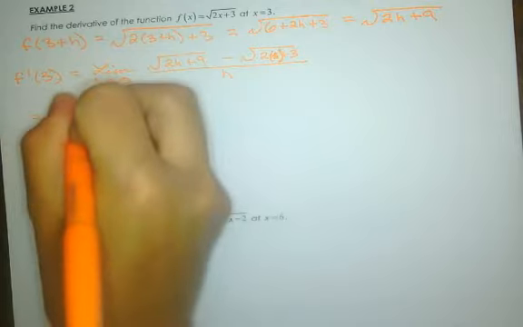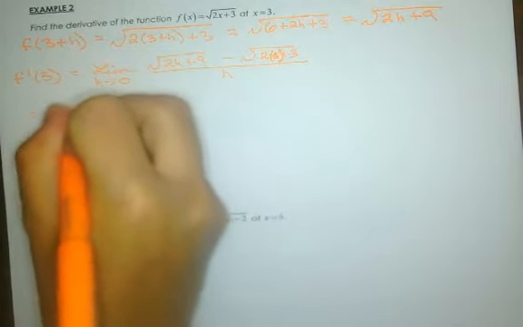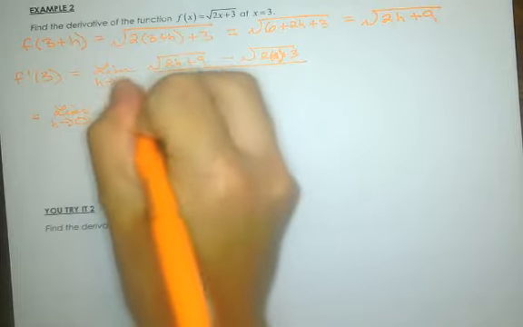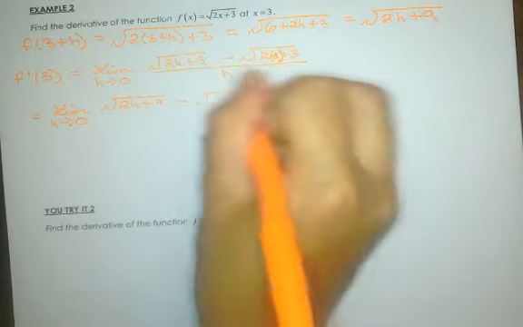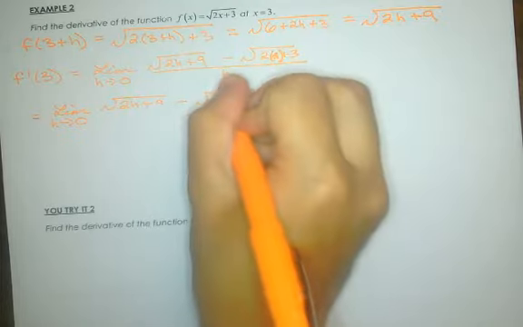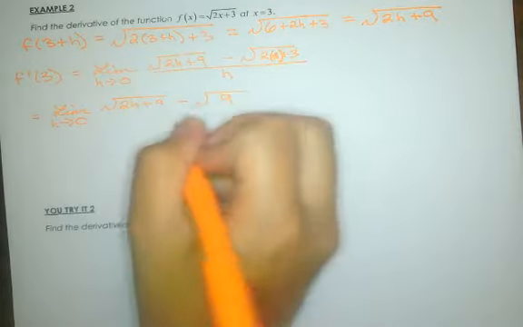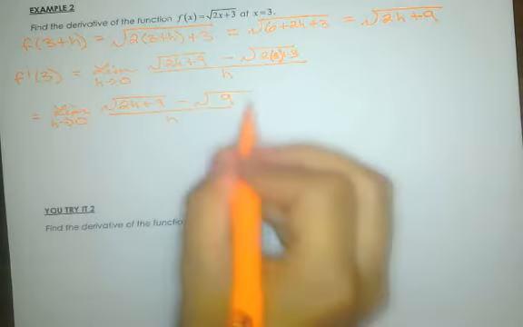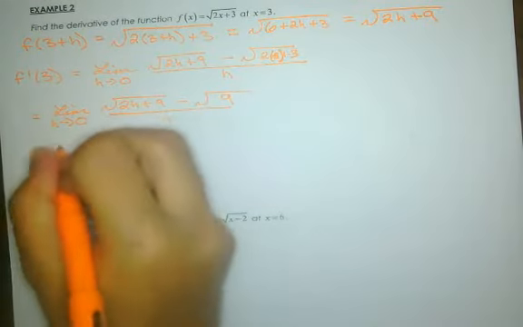So that's equivalent to the limit as h approaches 0 of the square root of 2h plus 9, but now minus the square root, well, that's going to be 6 plus 3, right? So that's the square root of 9, or you can write 6 plus 3 there, all over h. And so that's just going to give me a minus 3 there.